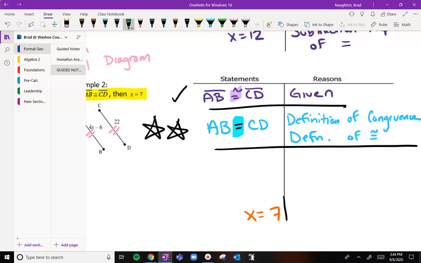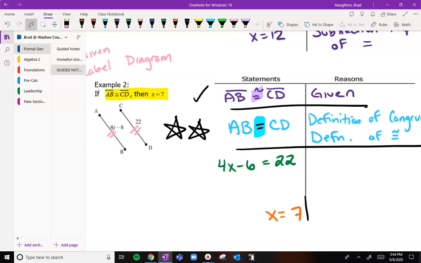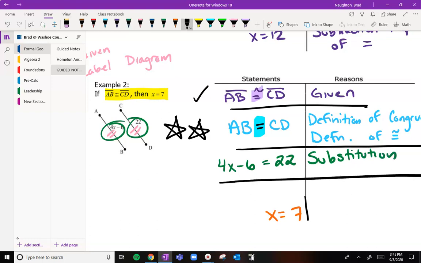So what's next? Now that I know that AB is the same as CD, to solve, I just need to plug in their values, right? I know that these are the same. I had the tick marks there. So plug it in. So what did you do right there? That was just substitution. So now we're going to solve.